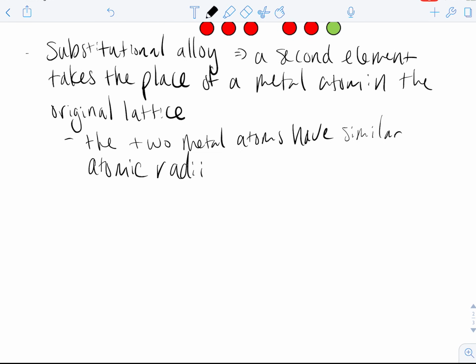Our next is interstitial. With an interstitial alloy, we have a second element filling in the empty space left over from the initial metal lattice.